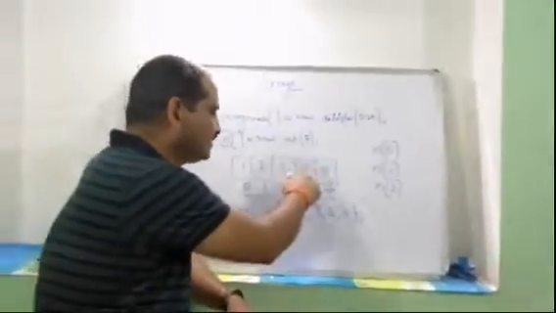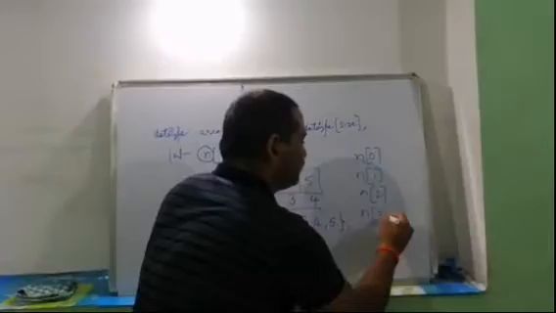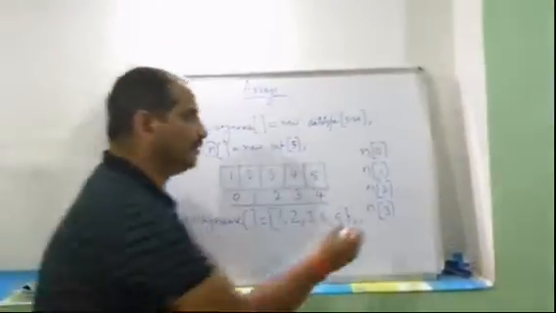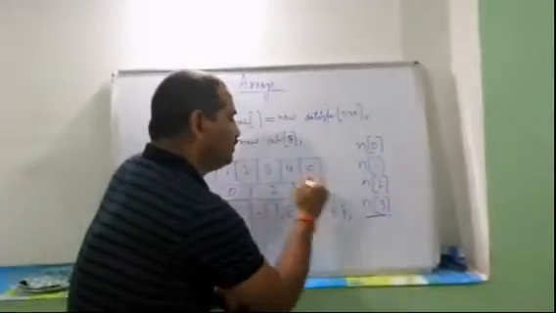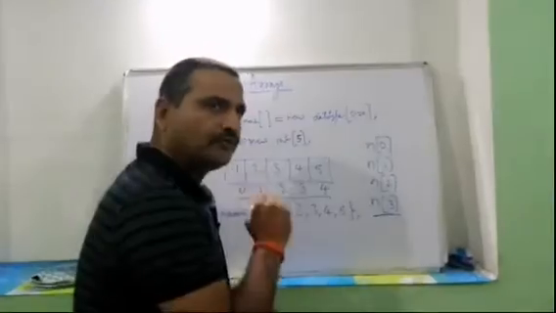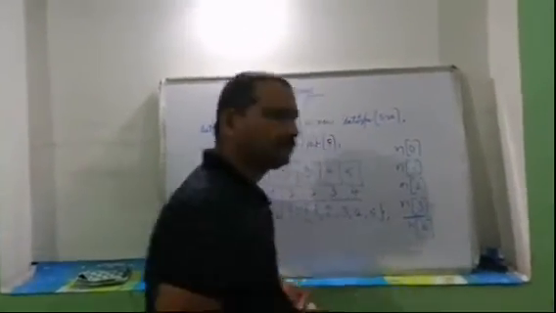If you want to access 4, this value of the array, what do we have to write? n of 3. 3 is the position, n is the array name. So this is the variable name, and in this variable 4 is stored. If you want to access the last one, we have to write n of 4.